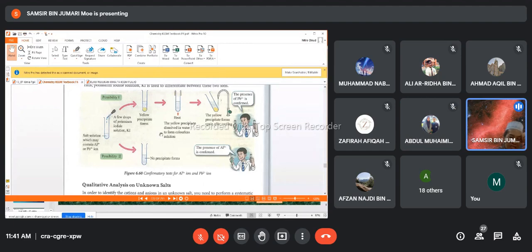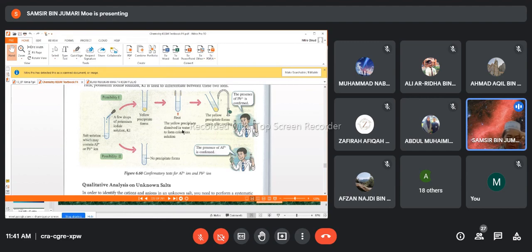For the characteristic of the yellow precipitate of the lead 2 iodide, when we heat the mixture, the yellow precipitate will be soluble to form the colorless solution.